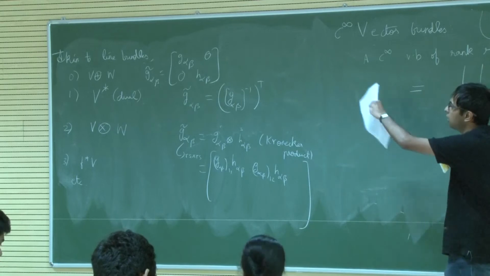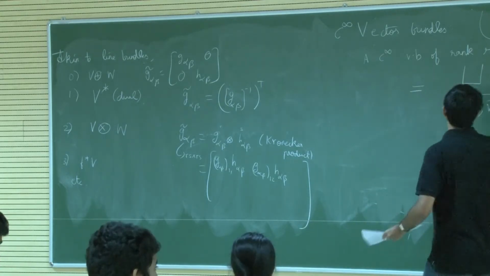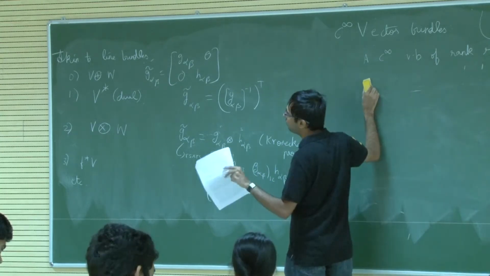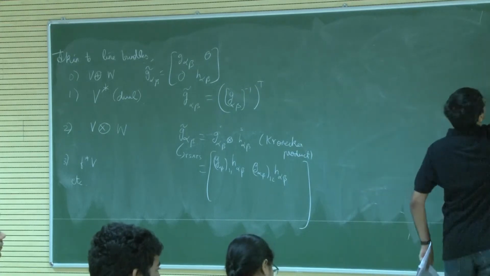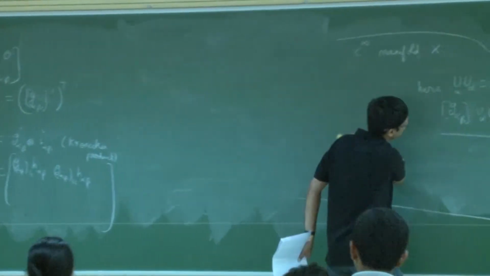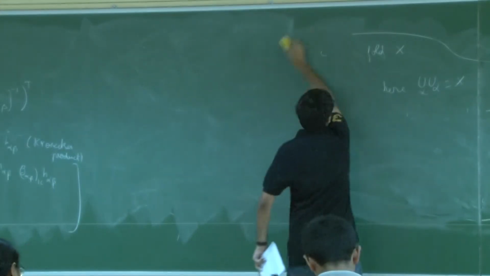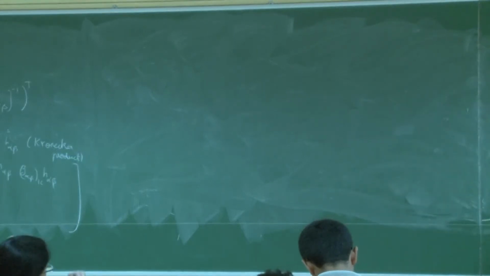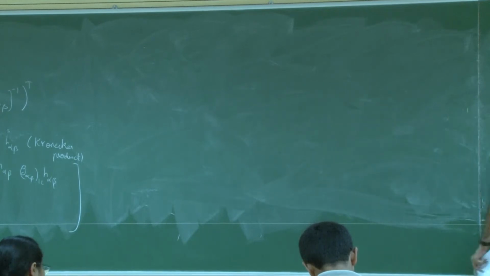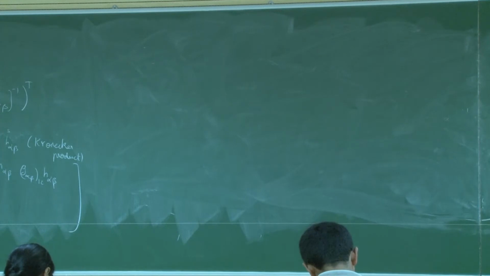And the same kind of thing works for holomorphic bundles. If you replace the word with holomorphic, these definitions still make sense. What's the point of defining all this?